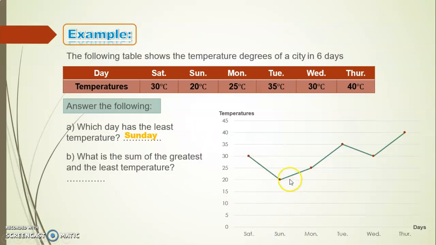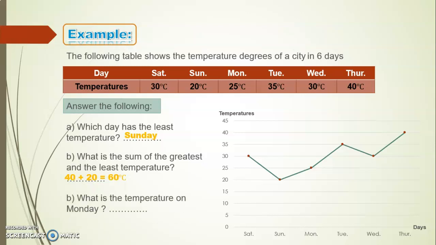Here, the least temperature we said 20 and the greatest temperature is 40, and from the table the least temperature is 20 and the greatest temperature is 40. So 40 plus 20 is 60 degrees centigrade.